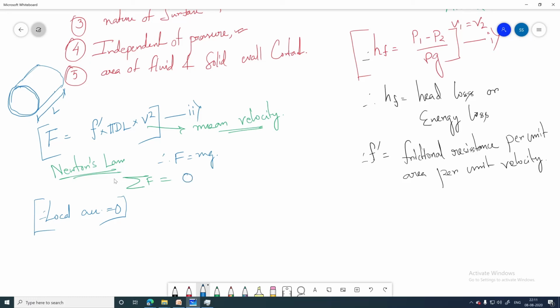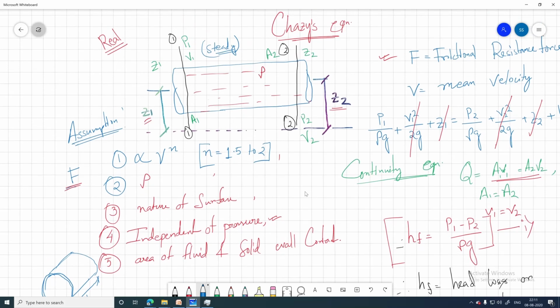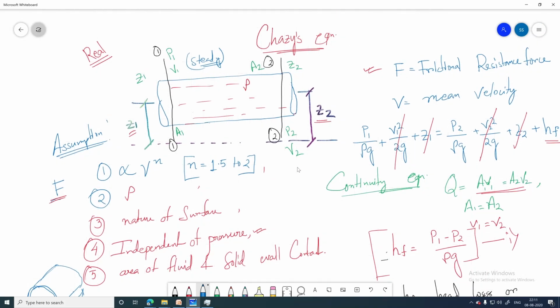Now I need to see how many forces are acting on this particular pipe. At section 1, the force is P1 into A1, and it is positive because it is in the direction of the flow of fluid.